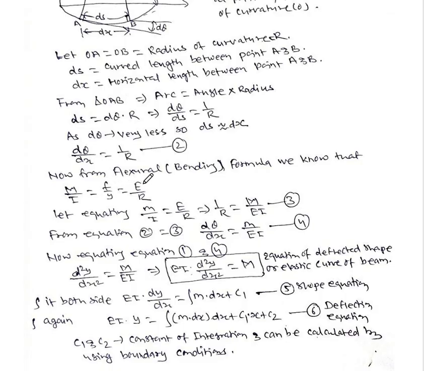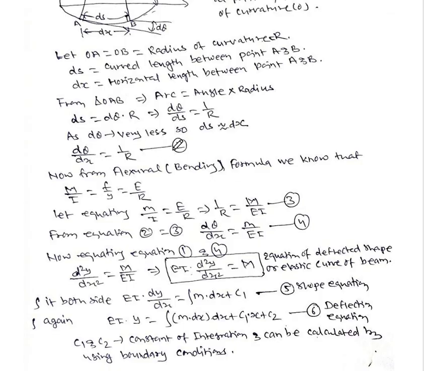E is the modulus of elasticity of the beam material, and R is the radius of curvature. Now if we equate M upon I equal to E upon R, then 1 upon R equals M upon EI, and that is taken as equation number 3.